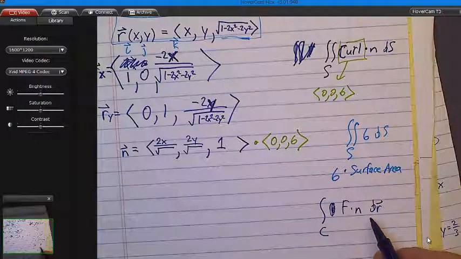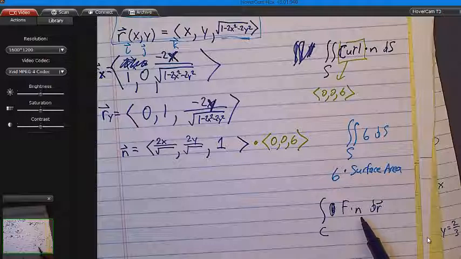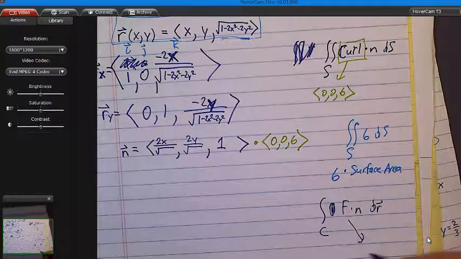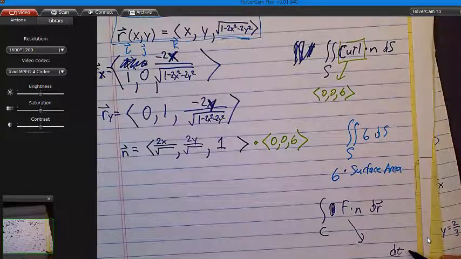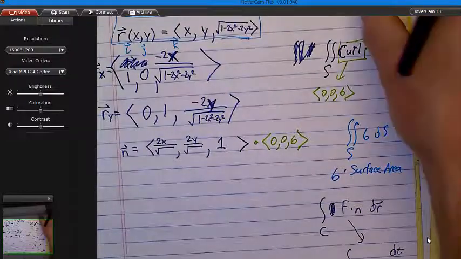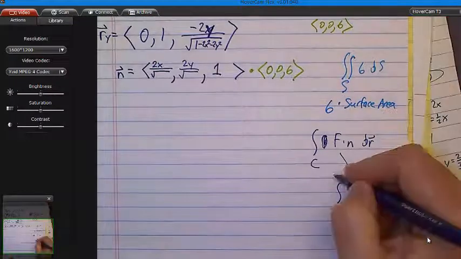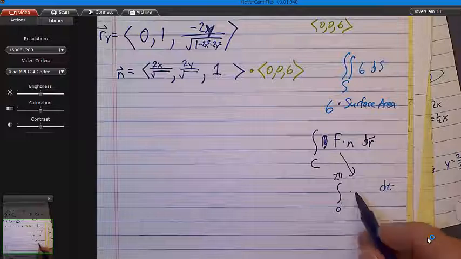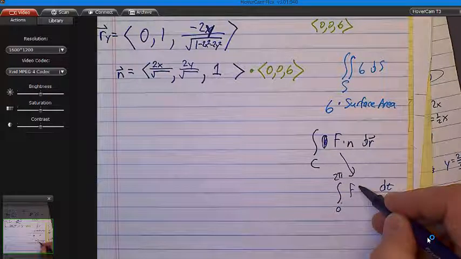You guys have written things like this, right? But when we compute line integrals, what we do is we want to write dt here. We change it to a parameter. And so then you guys will write things like 0 and 2 pi or something like that, and you'll have some function of t.